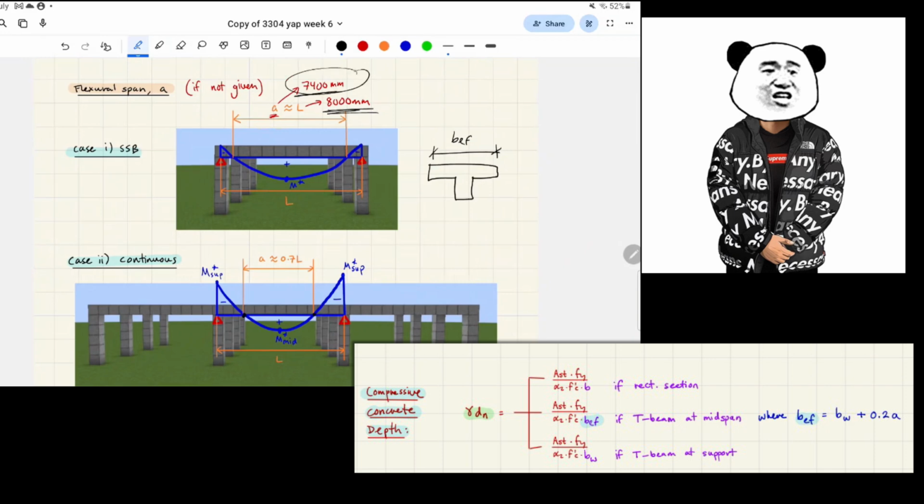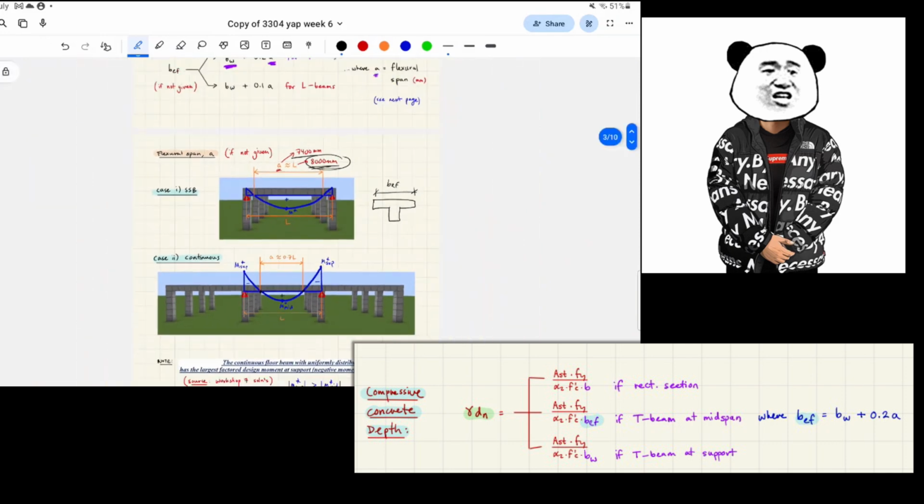Which you'd think would be the flexural span. But guess what? We actually use 8,000 in the solutions. L overrides it. The fact that it's a simply supported beam overrides it here.